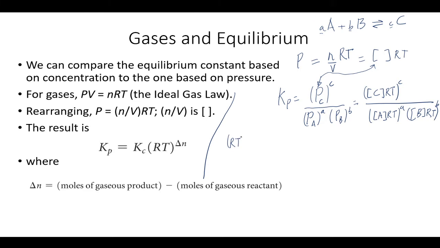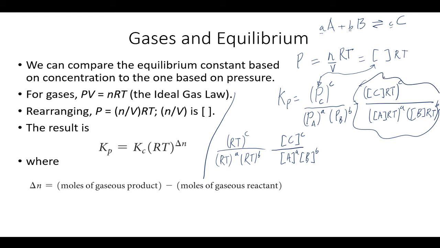I have RT to the C over RT to the A times RT to the B, and multiply that by my [C] to the C over [A] to the A [B] to the B. So I'm just taking this big expression and separating it out into two multiplicative terms, right? This right here is Kc. That's my equilibrium expression when I'm using concentrations.